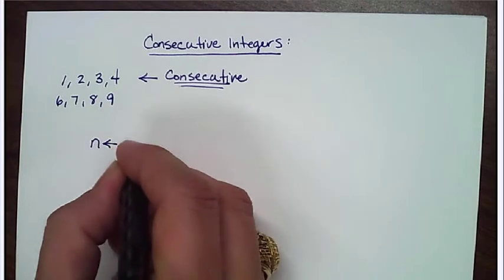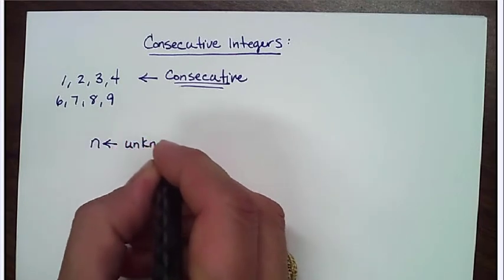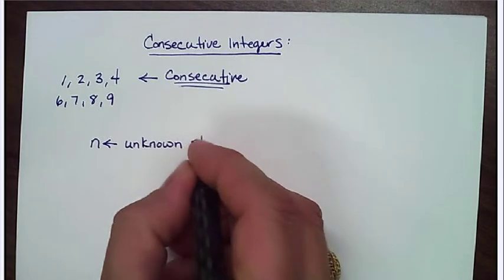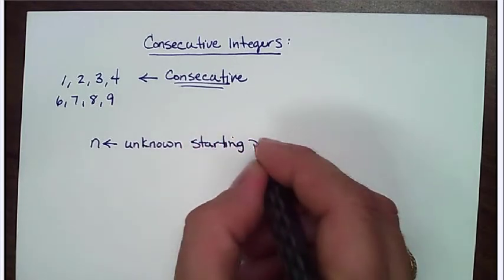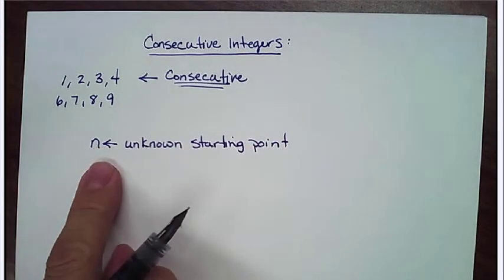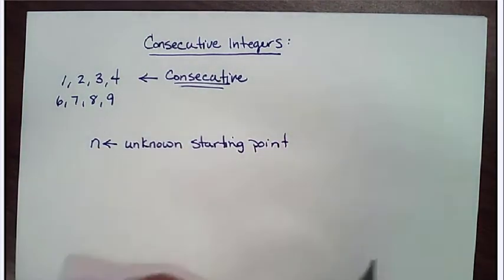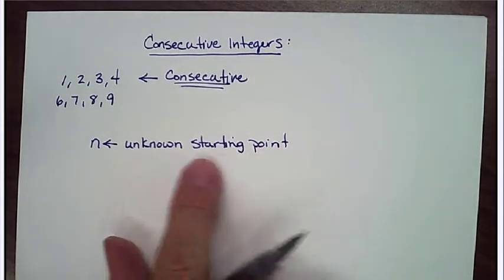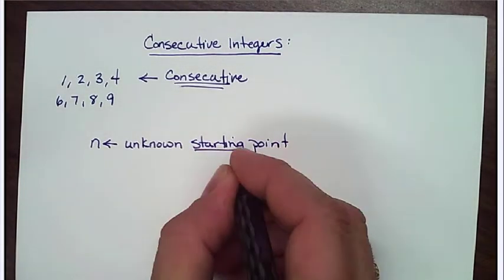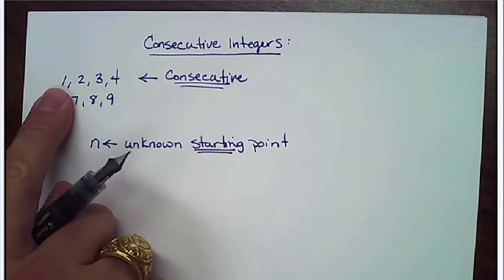So this is our unknown starting point. n may be 10, it may be 20, it may be 450. We don't know what it is, but we do know that it is the starting point, just like 1 is the starting point up here.